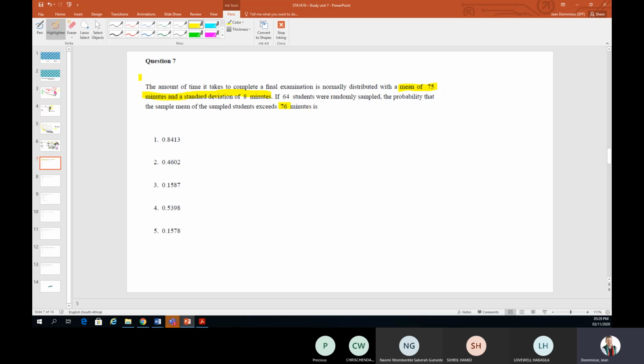Do we know if the standard deviation is known or is it unknown?